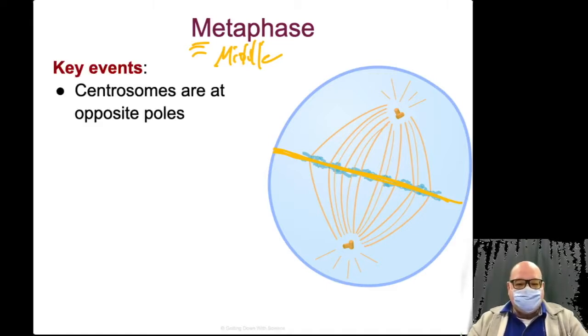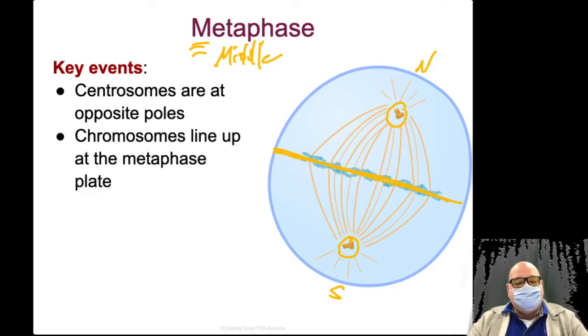The centrosomes, which are the little pop cans, are at the north and south pole. Now, it doesn't really have a north and south pole. That's just me drawing a picture. And all the chromosomes line up on the equator.